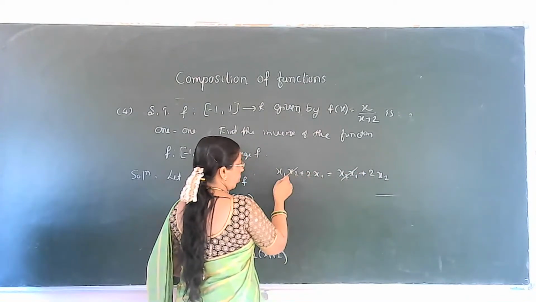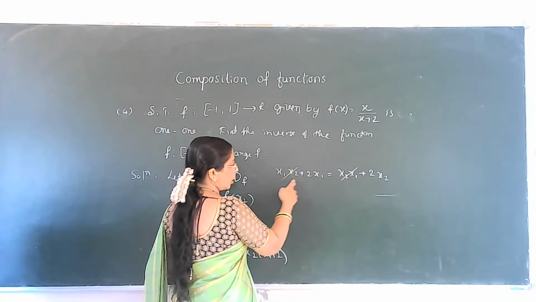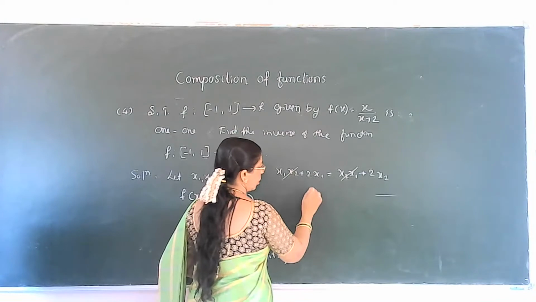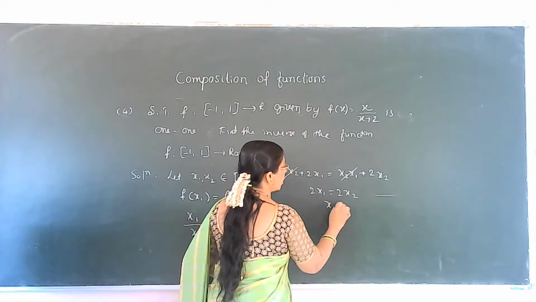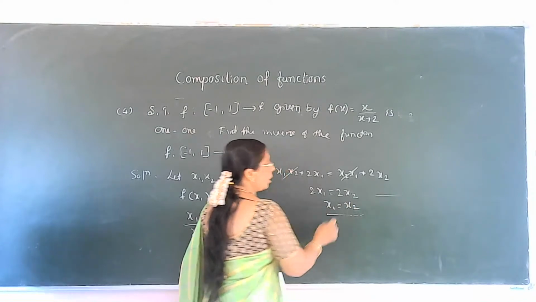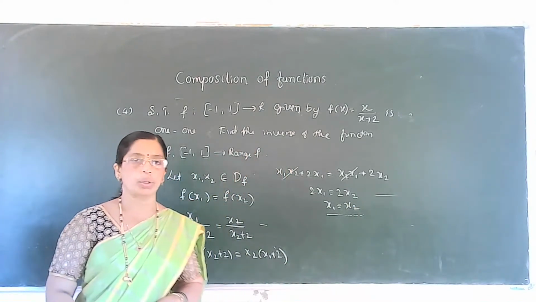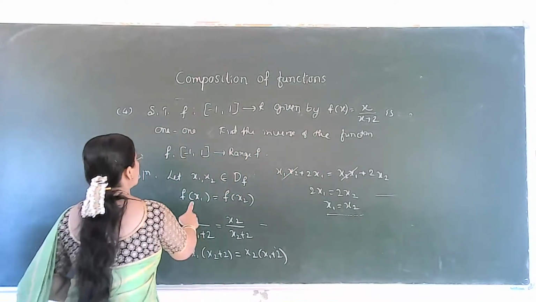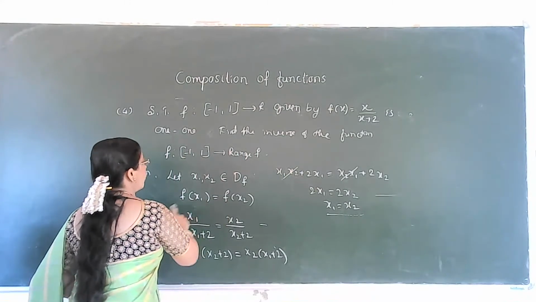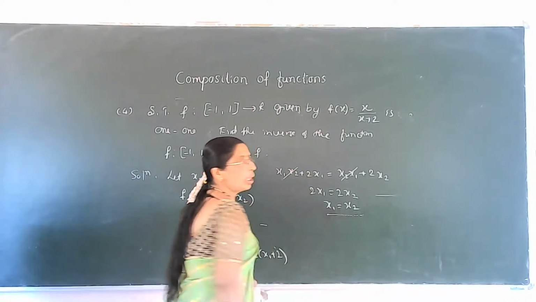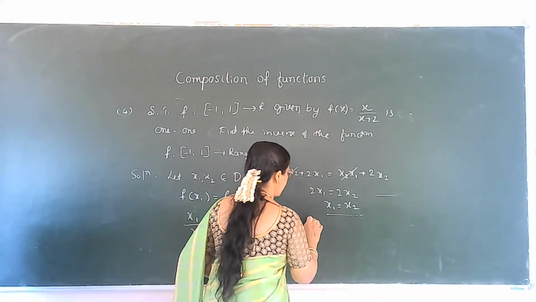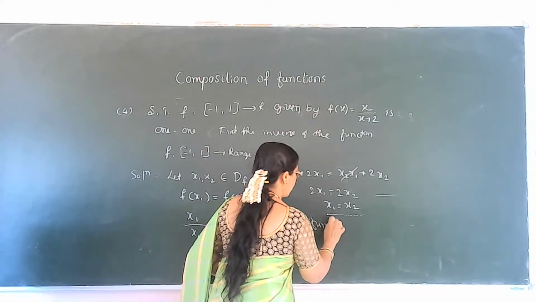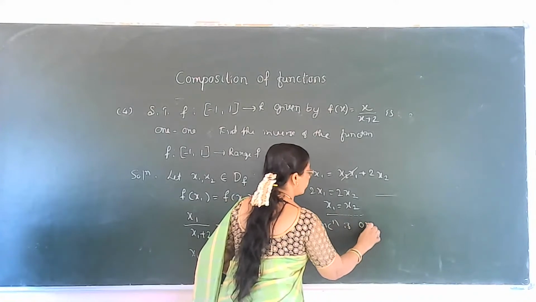Here x1 x2 on both sides cancels. 2x1 is equal to 2x2, then x1 is equal to x2. So f of x1 equal to f of x2 gives x1 equal to x2. The function is one-one.